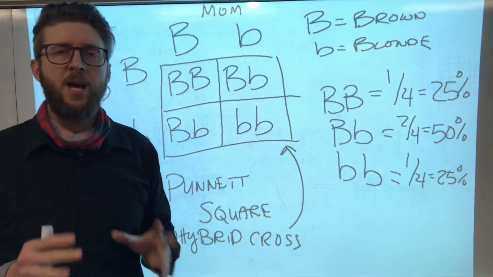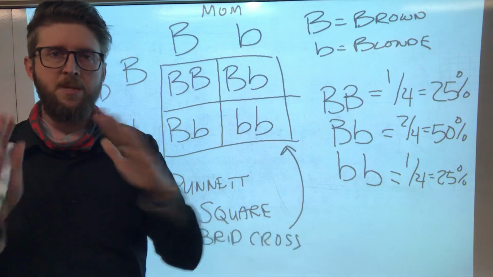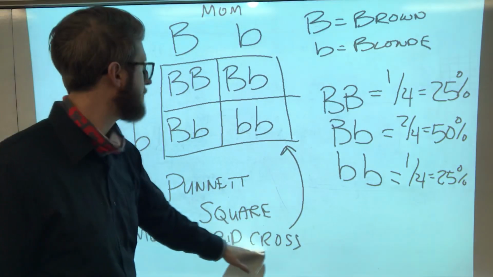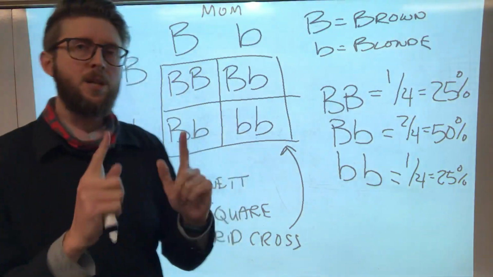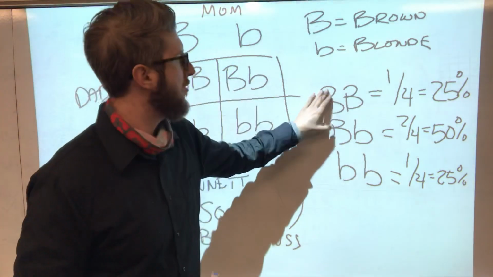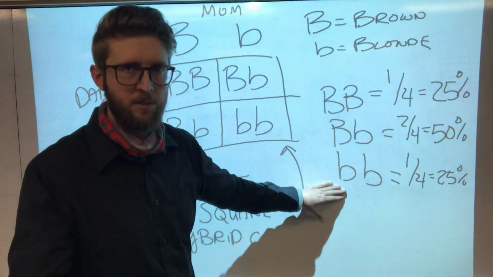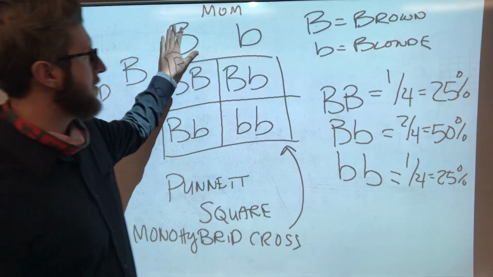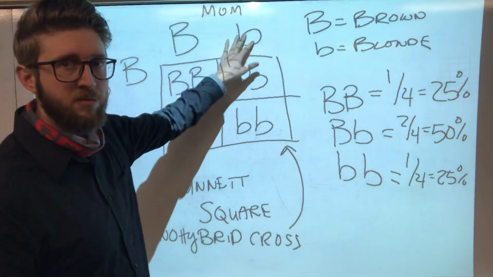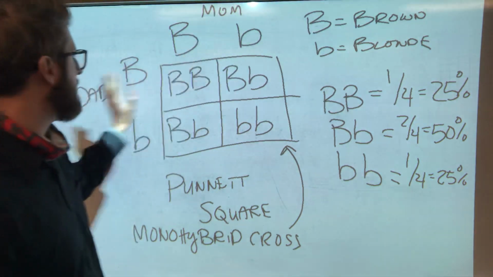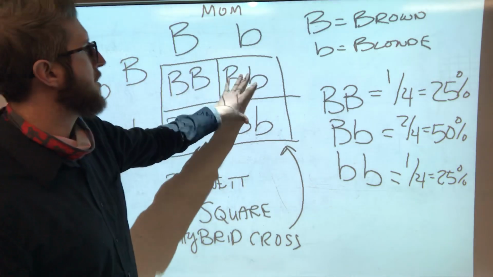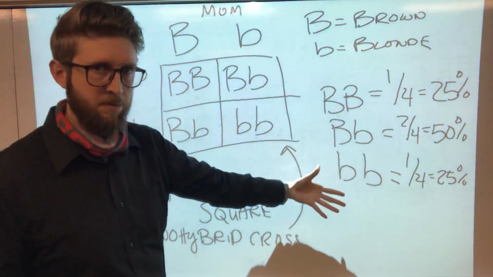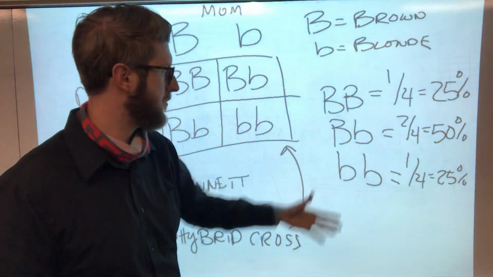But we're going to save that for next time, okay? This time, I just want you to learn the monohybrid cross, which is just trying to see the percent chance of what the kids could be, if we know the alleles, or the variations of the trait that mom has and dad has, what the likelihood is that their kids will be one trait or the other, brown hair or blonde hair, okay?